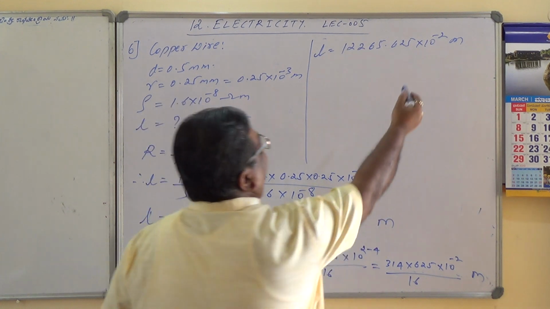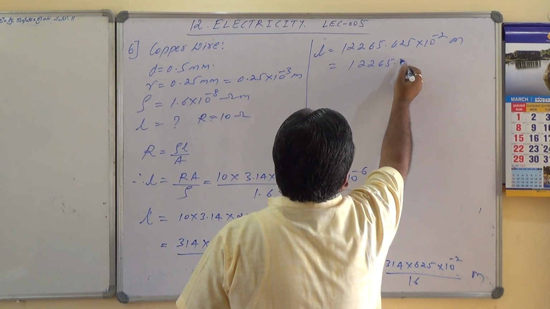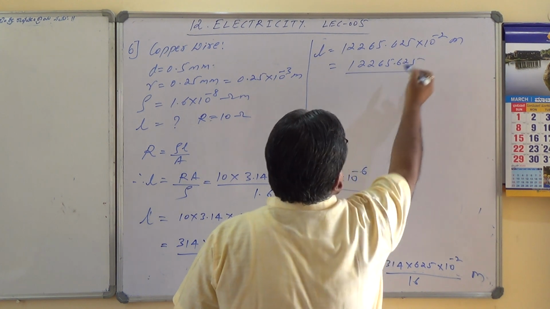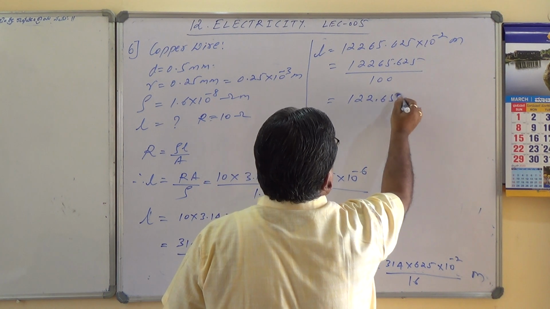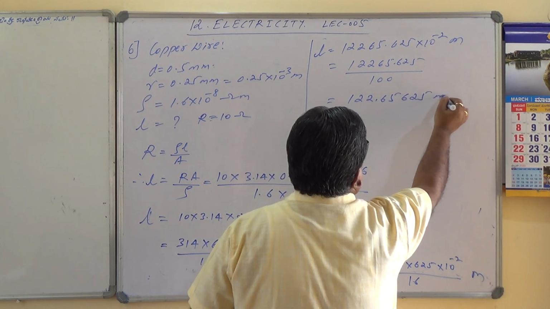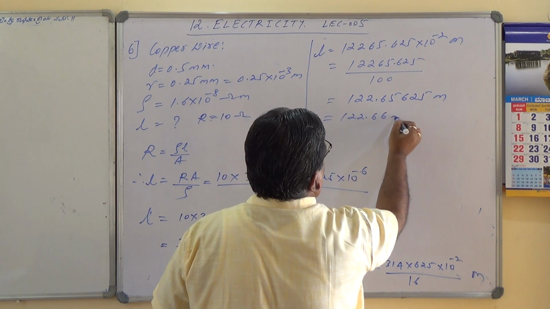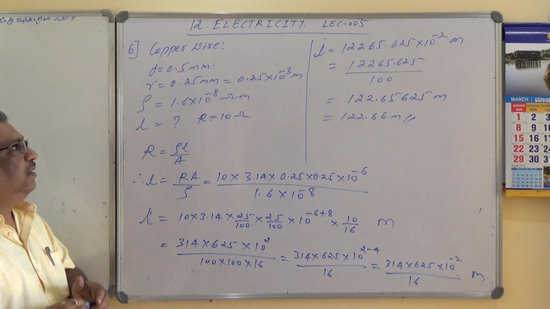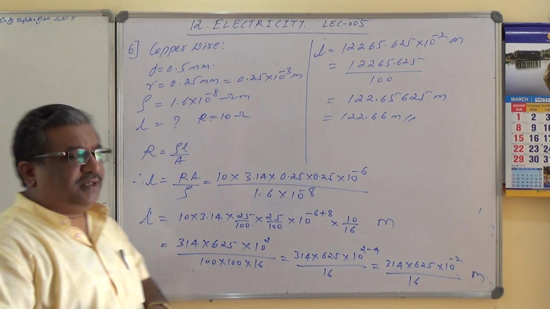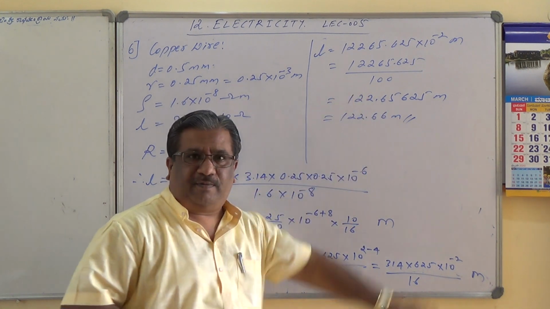So what is this 10 to the power minus 2? 12265.625 the whole divided by 100, which is 122.65625 meter, which is nothing but 122.66 meter is the correct answer. I hope you are understanding. So this is the first part, 122.66 meter. I am rounding it off.